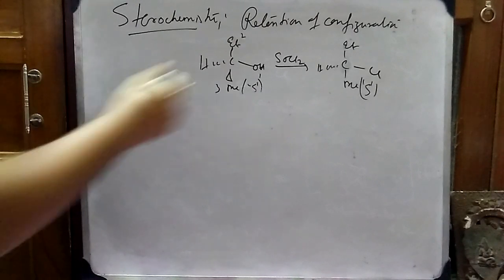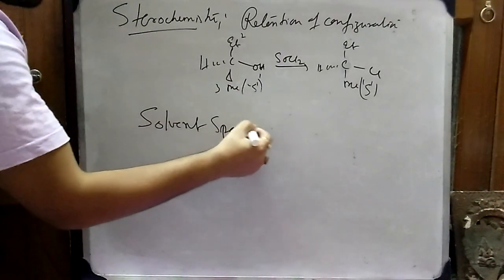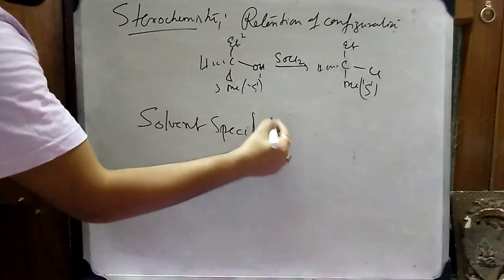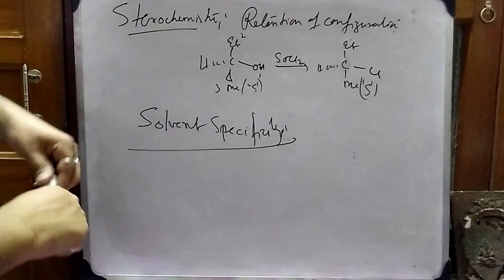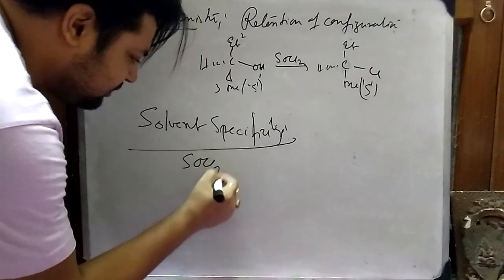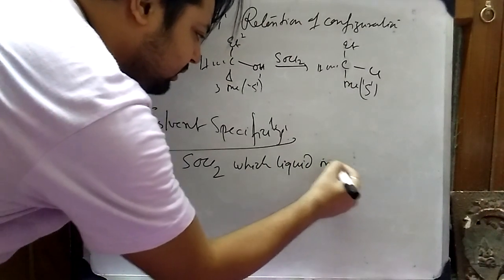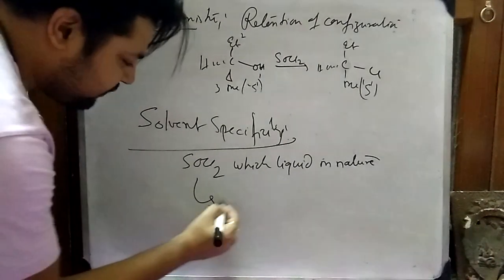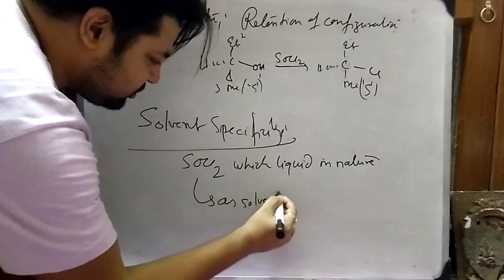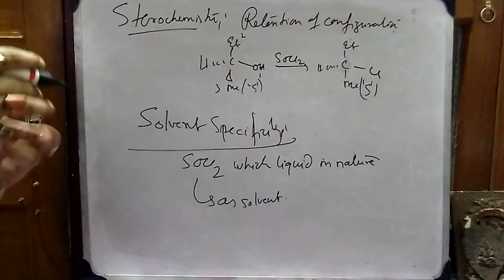In this type of process, the solvent specificity should be very carefully taken. The solvent must be chosen very carefully. Most importantly, we should choose SOCl2, which is liquid in nature, so we must take SOCl2 as a solvent, because if any other solvent is used, it might affect the reaction in a different way.